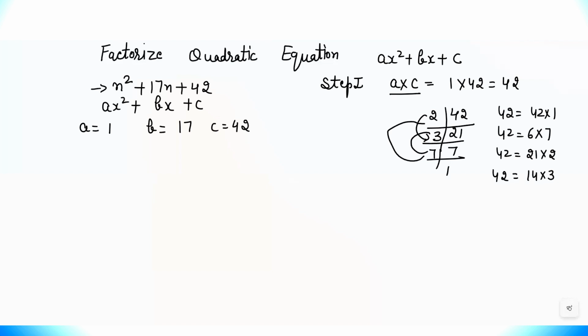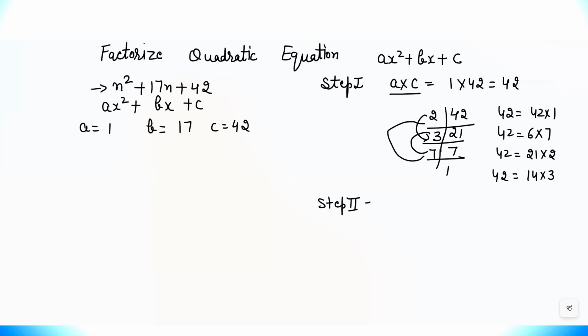Now, what is step 2? Step 2 is we have to pick out of these factors the numbers which, if I add or subtract, I will get 17. That means if I do 42 minus 1, I'll get 41.